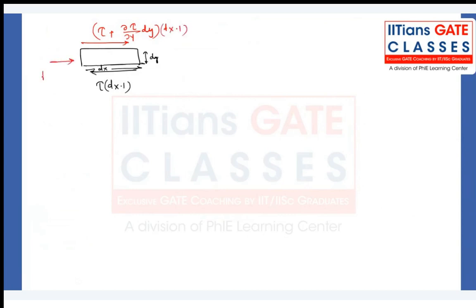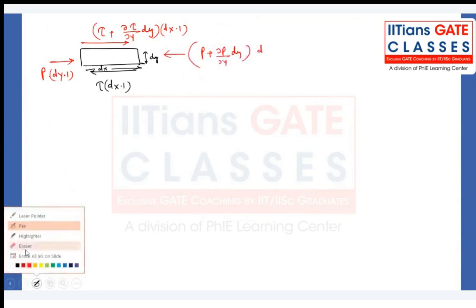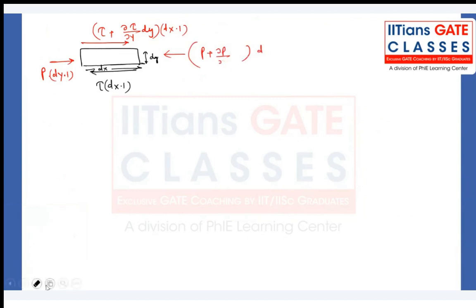P into dy into 1, p plus dou p by dou x into dx, because we have the variation in x direction, right? Dou p by dou x into dx into dy into 1.